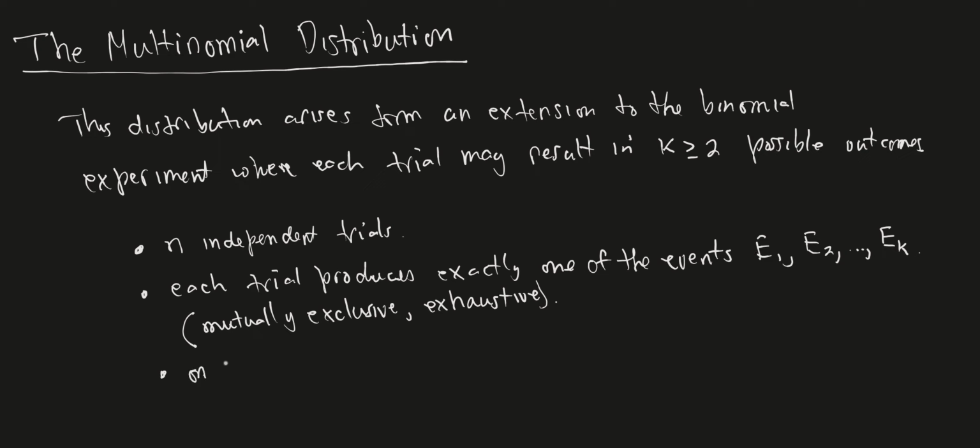So on each trial, event J, so E sub J, occurs with probability P sub J. We're going to use little p, just like there was a little p in the binomial, but now each event will have its own probability of occurring.